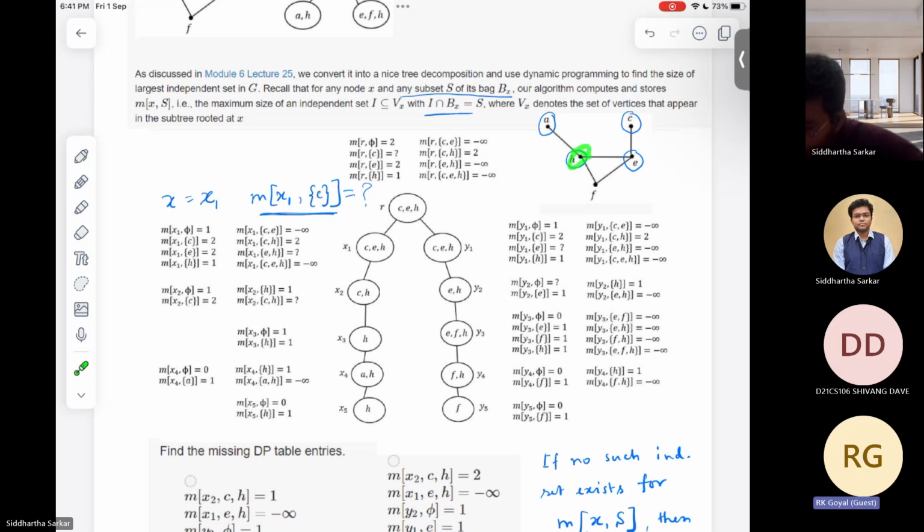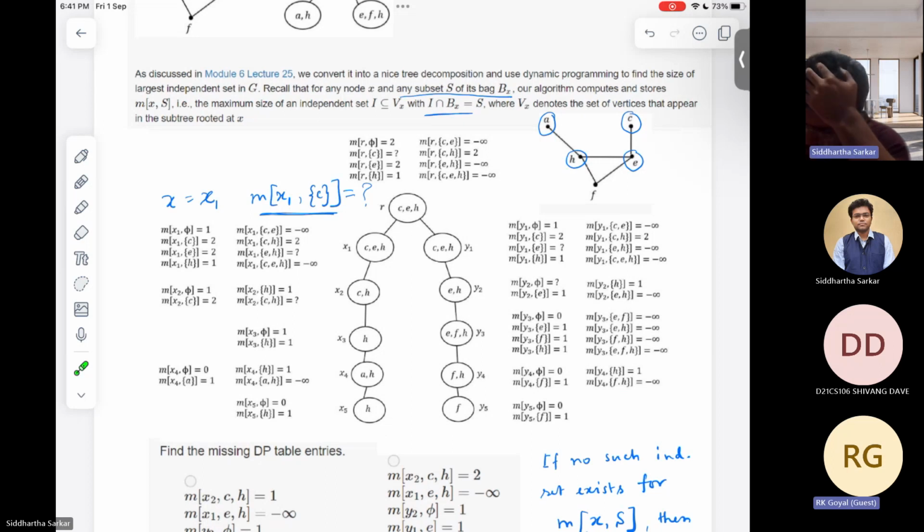If I take the intersection of h with phi, nothing is common. But does it satisfy the condition that I intersection B of x is equal to S?